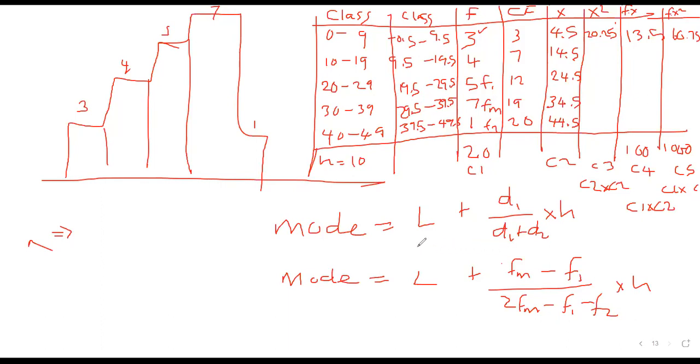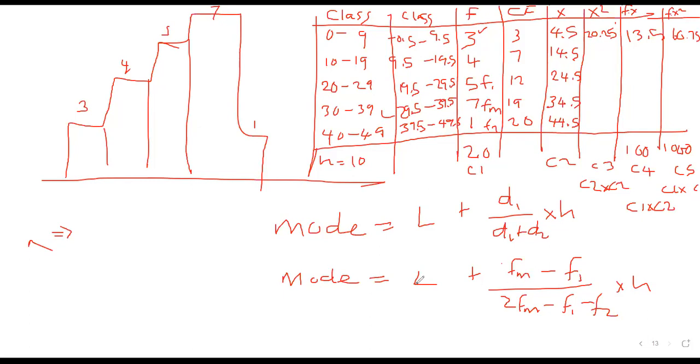Are we together? So for the mode, we said identify the highest number first, which is Fm. On top of it is F1. Below it is F2. In the same line, L is the lower bound, which is 29.5. So you can choose to substitute that.